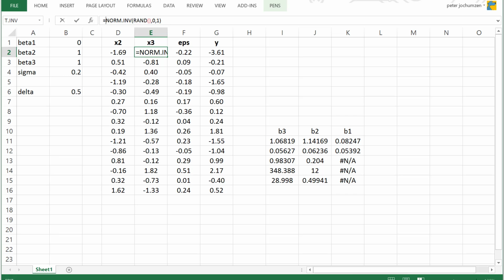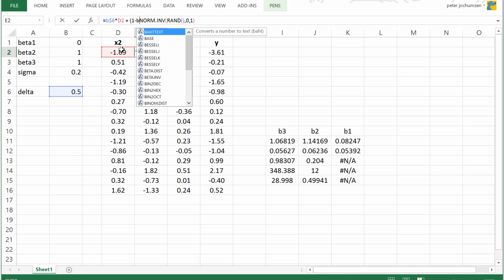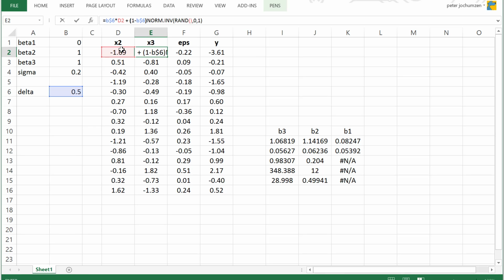So I will just change it to the delta value that we have in B6, $B$6 multiplied by the x2, 50% of the x2, plus the remaining 50%, 1 minus $B$6, times something which is completely independent of x2.